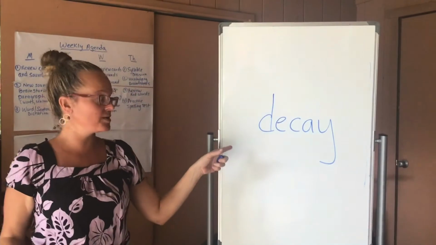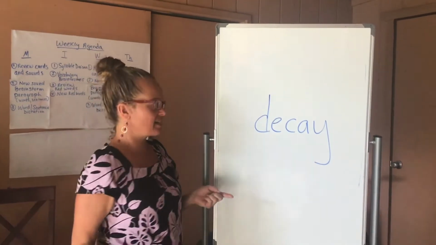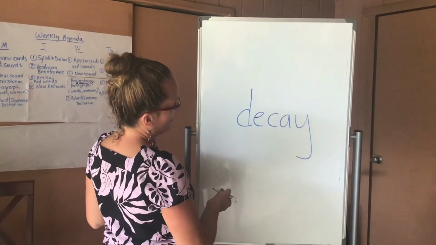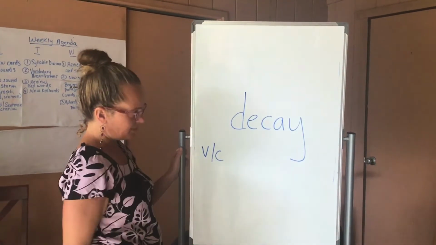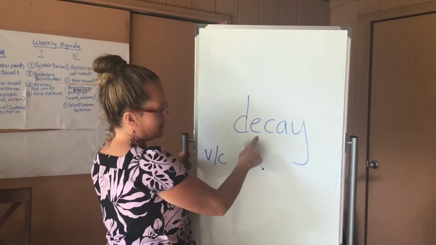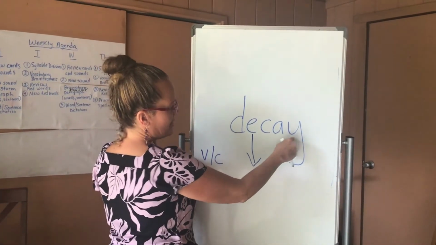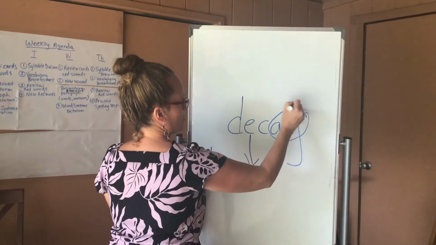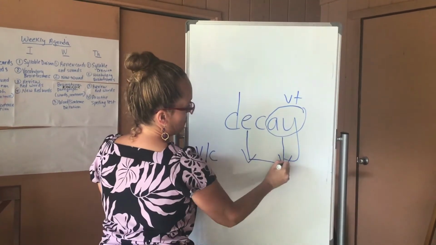Okay, write that one big. You're going to do the first thing, which is identify the vowels. By the way, this one's also going to be a vowel / consonant. Okay, I've got this. E is the vowel. I'm going to draw my boat. I have AY, that's the vowel team. And I'm going to draw that vowel. I'm going to make my boat.